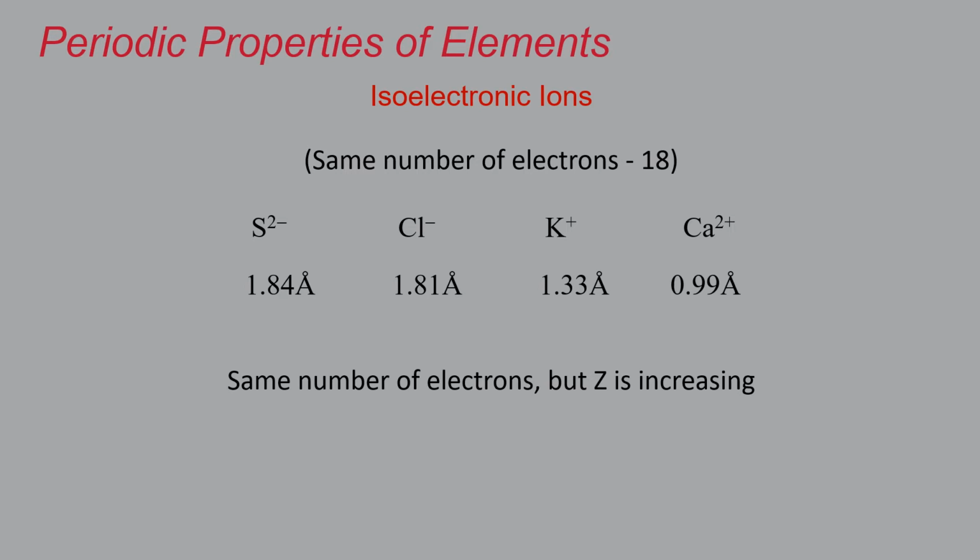But what is continually changing is the number of protons in the nucleus. Same number of electrons, increasing number of protons, will have the effect of drawing them in closer, making those radii go down. So the radius will go down as the nuclear charge goes up.